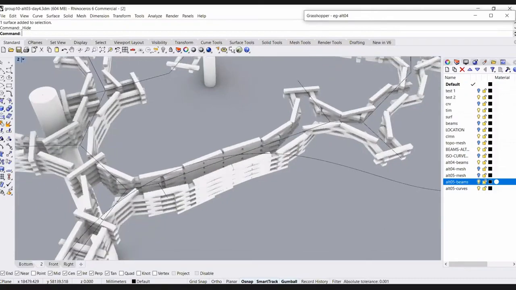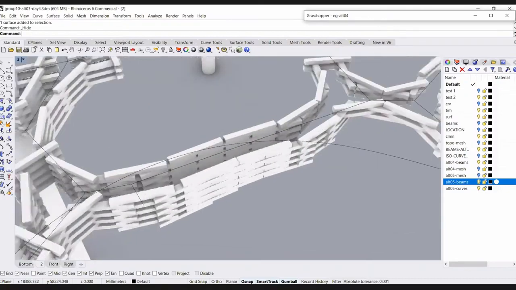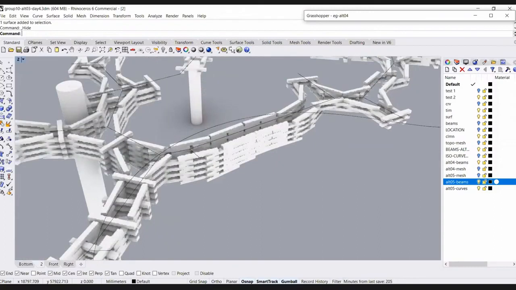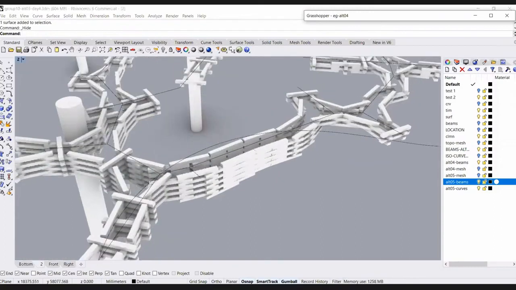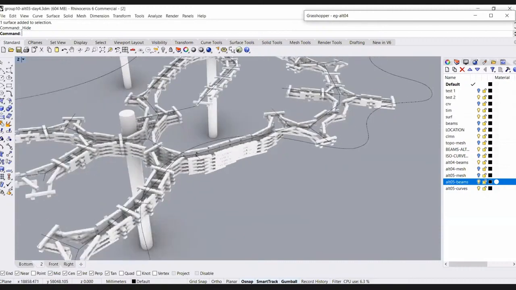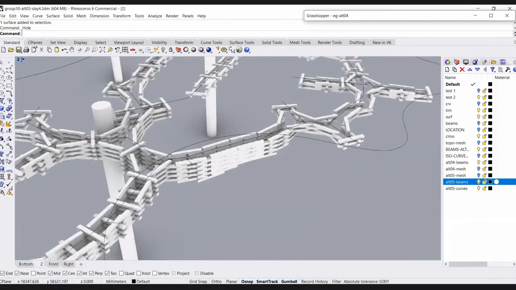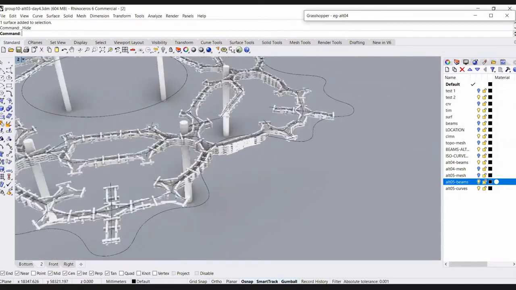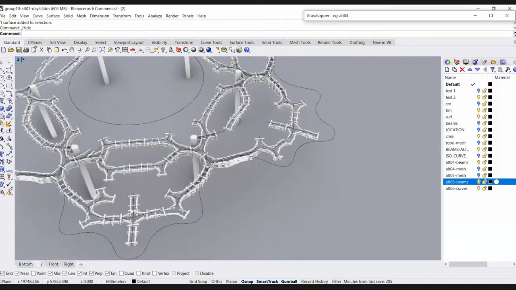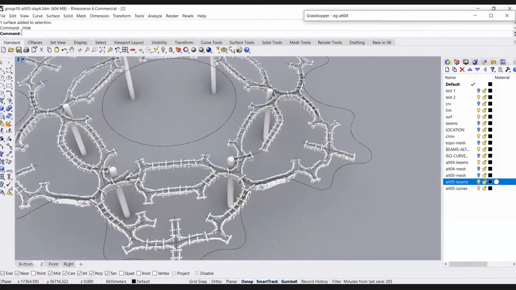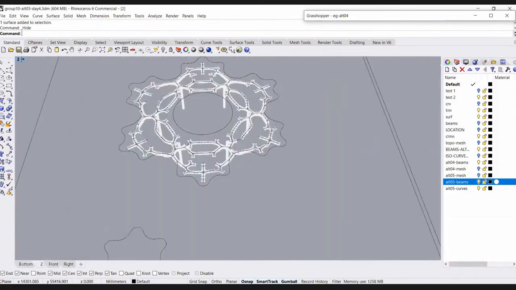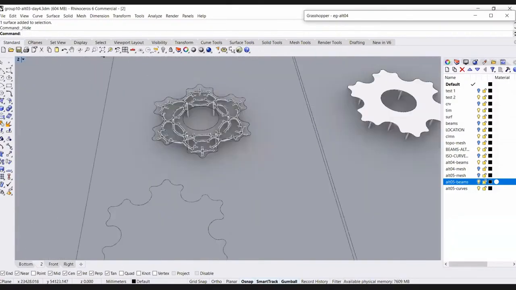I don't know if we have efficient structural behavior in these parts, and I don't know how to solve this. And this is about our form, and I will later go to the robotic simulation. If you have any comments.